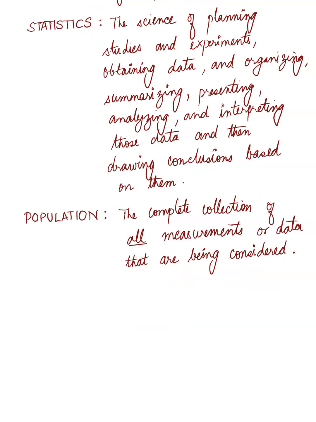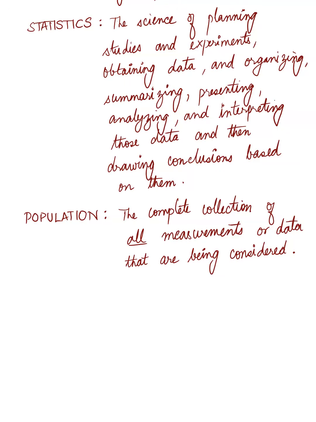When we have data, as I mentioned before, we want to have a focus on what we are trying to study. So the population, by definition, is the complete collection of all measurements or data that are being considered. So all of it that you're considering. If I say I'm looking at all the red cars, then it means all the red cars in the world.